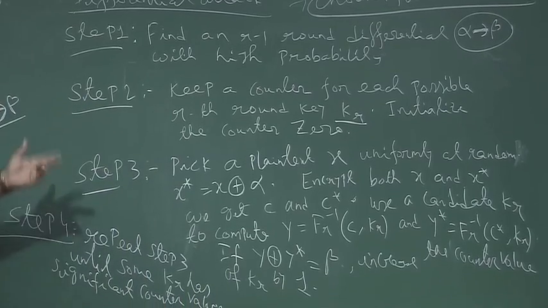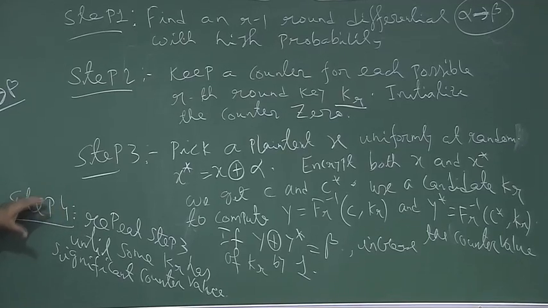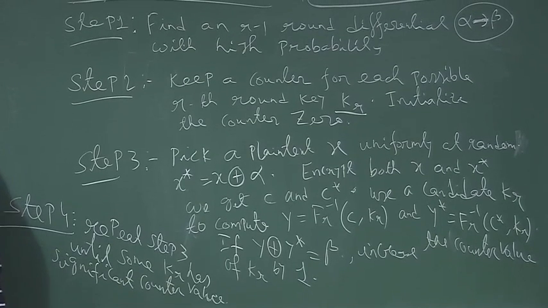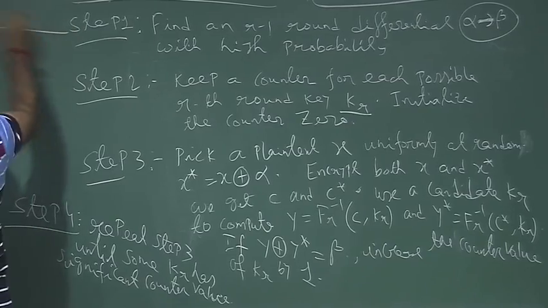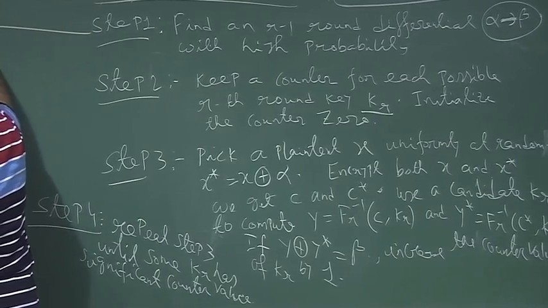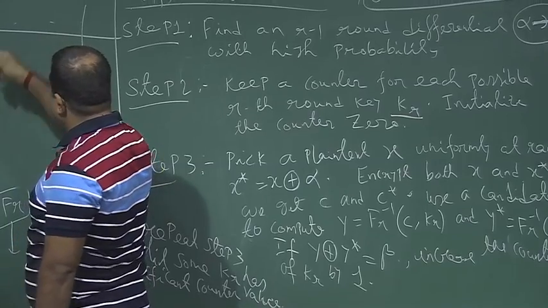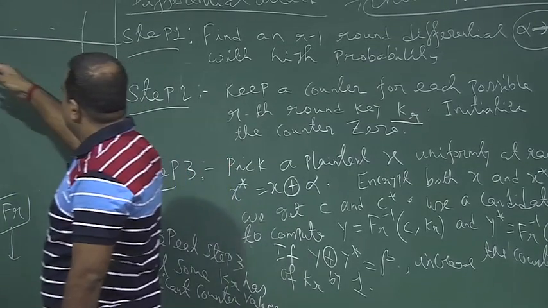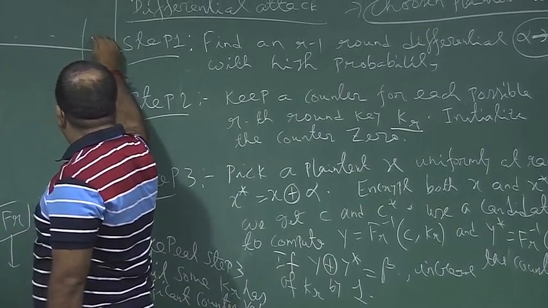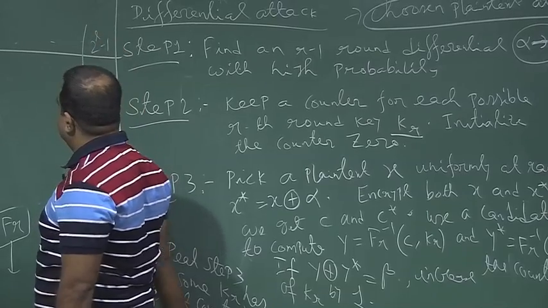Suppose almost all counter values are around 10 or 12, and suddenly one counter is much larger. We take all possible values of K_R, depending on the size of the key. If the key is L bit, then it ranges up to 2 to the power L minus 1.